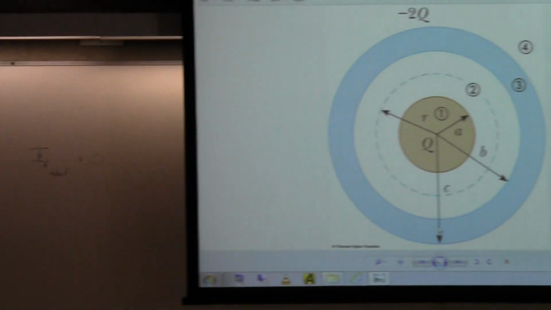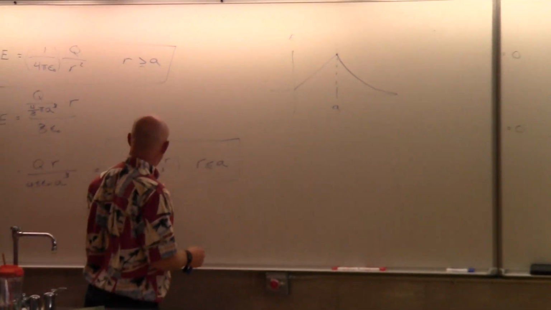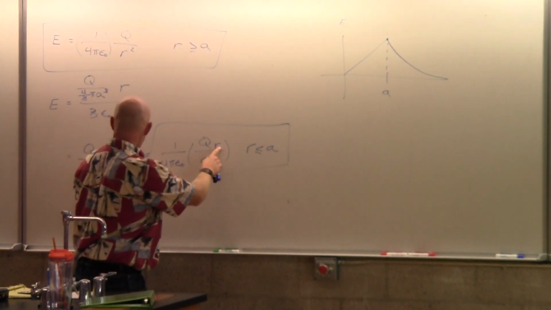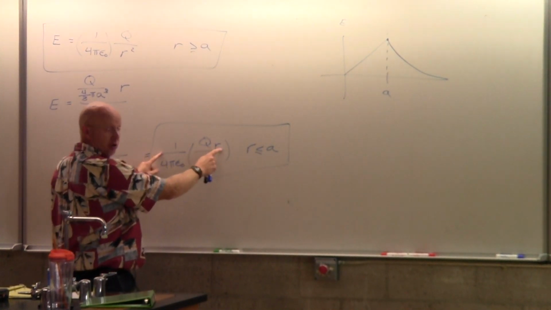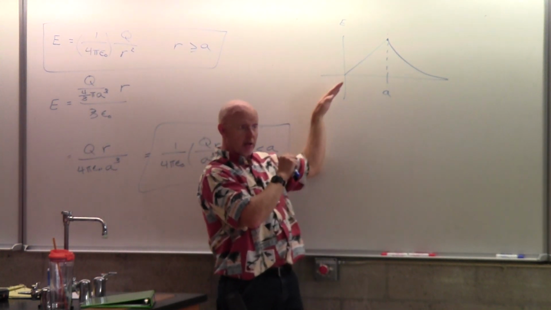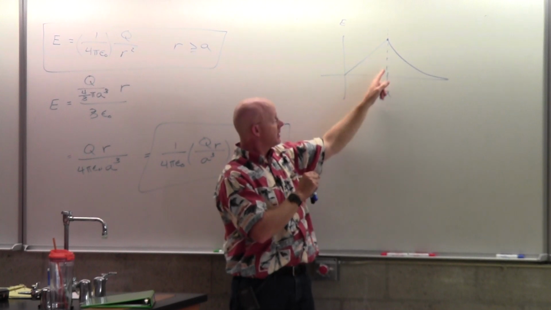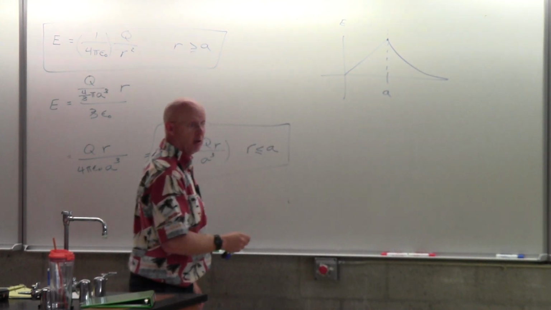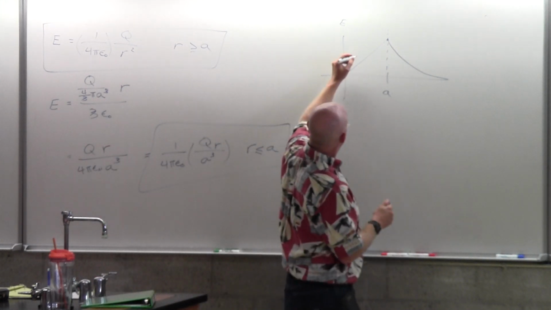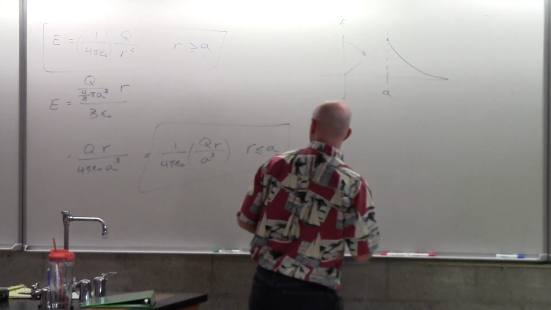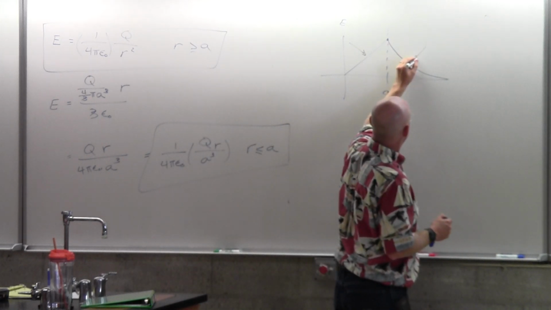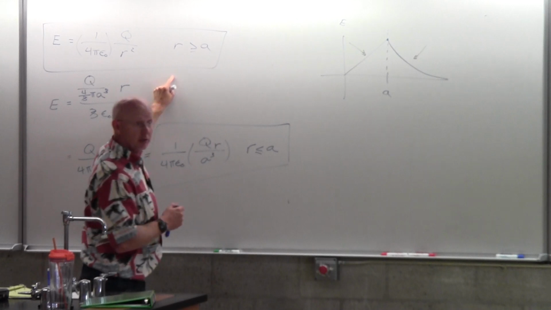Well, this first part right here is a graph of this equation. It's got an R. E is proportional to R. That's the equation of a straight line. So I've drawn a straight line until I get to radius A. So that graph's not for both. Yeah, this is the part of the graph for that equation, and this is the part of the graph for that equation.